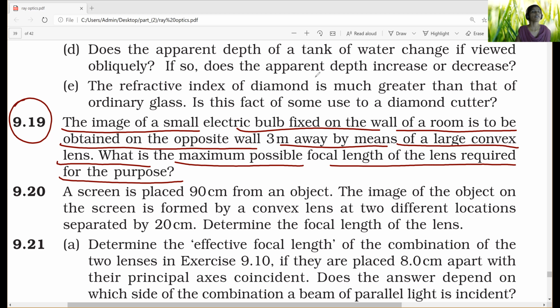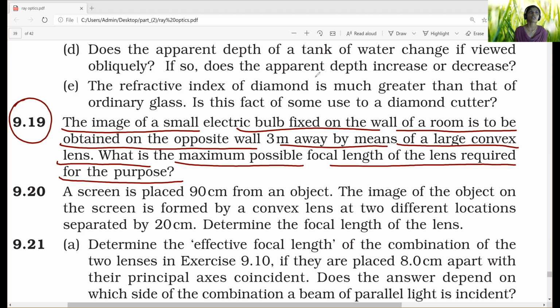So first read the question, try to understand what they have given.